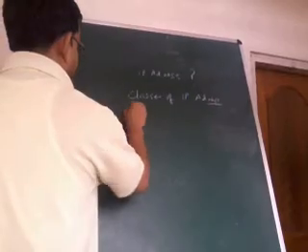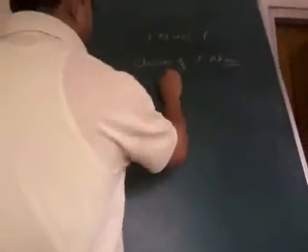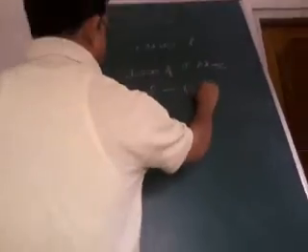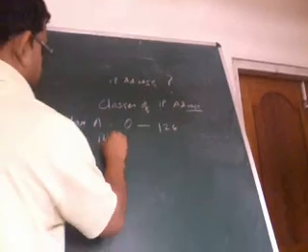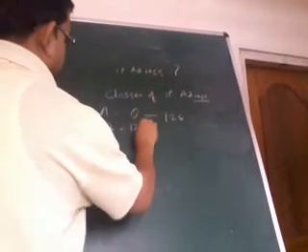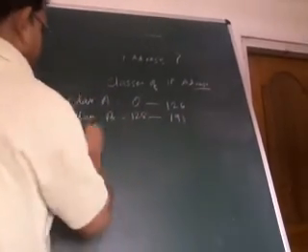Now, the classes. Class A consists of IP addresses from 0 to 126, and class B is between 128 to 191.